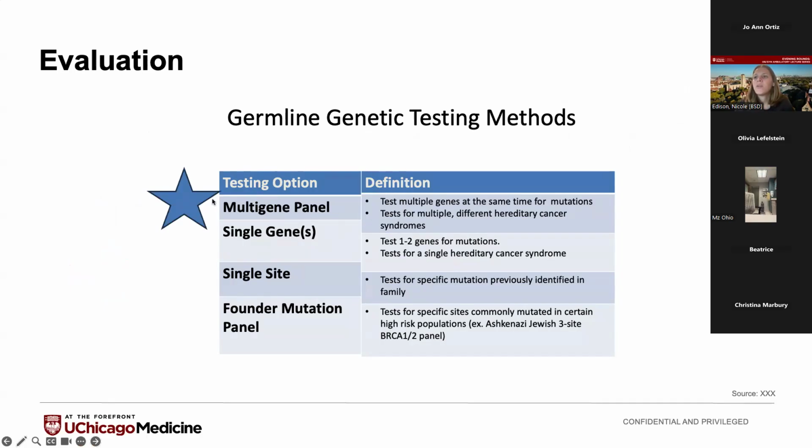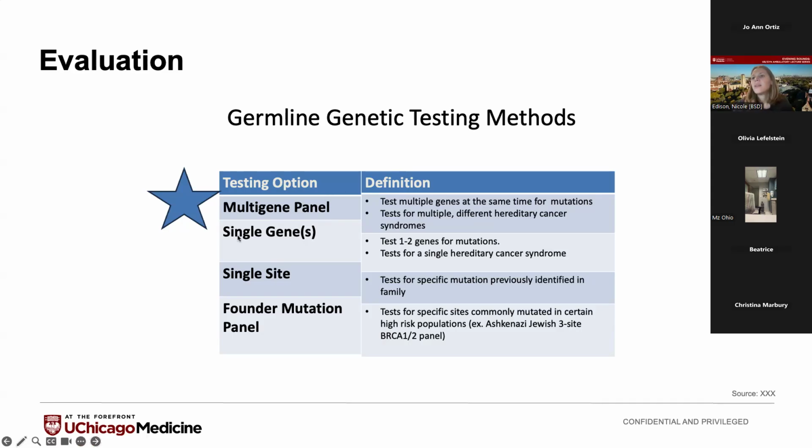So someone may have a family history of breast cancer, and we may test them for 20 to 30 genes associated with breast cancer. And so that gives us a feeling like we're getting a good assessment of them. And these may even test for different cancers as well. So maybe she has colon and breast, and so we may add colon cancer genes as well as breast cancer genes.